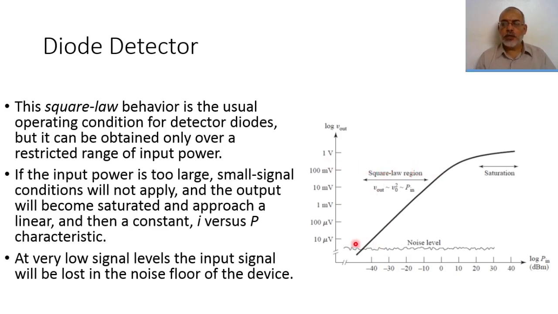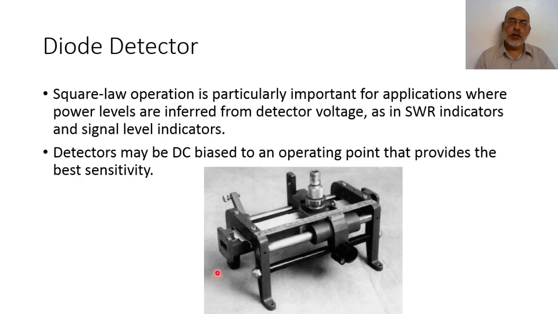This dynamic range is determined by the minimum input power, such that the output voltage is greater than the noise level, and the maximum input power, such that it is below saturation, in the square law region of the detector, where the output voltage is effectively proportional to the input power. So at very low signal level, the input signal will be lost in the noise floor of the device.